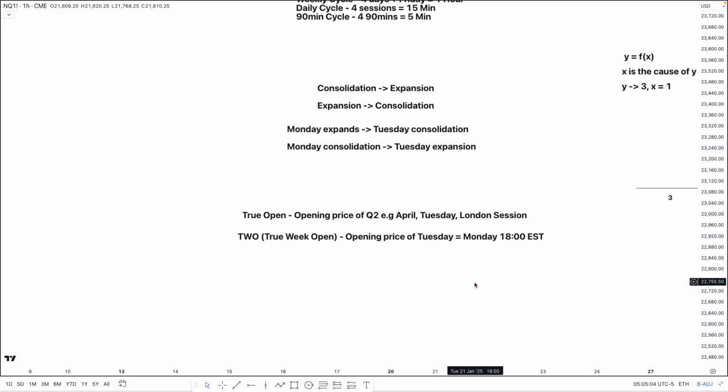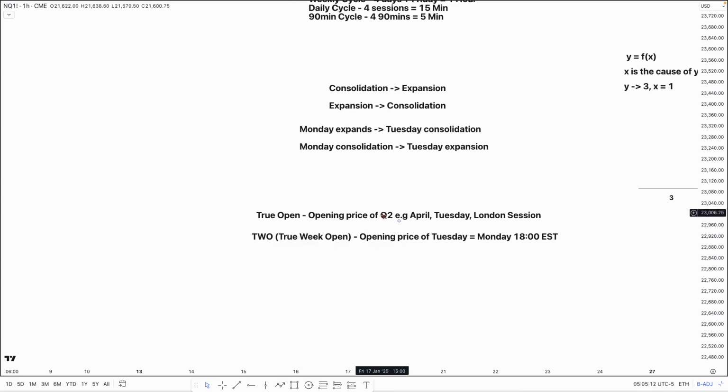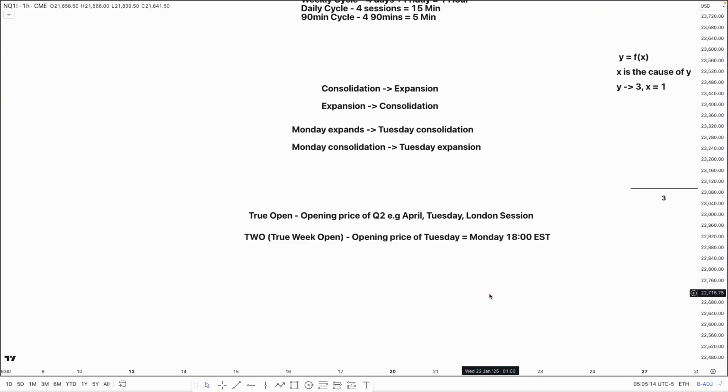We'll be talking about cracks and correlations using this true open. And it was always the opening price of the second quarter. I sometimes see people say it is the opening price of the third quarter, and I always see questions around this, but it is always the opening price of the second quarter.